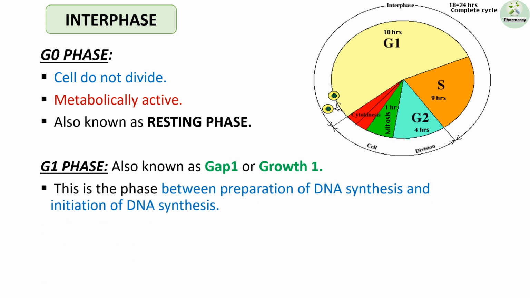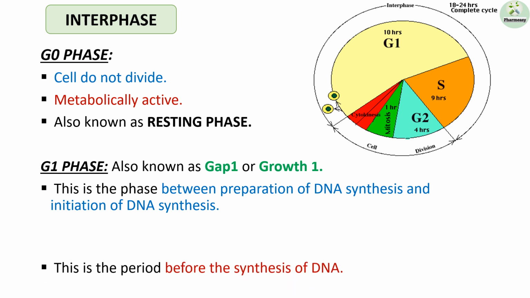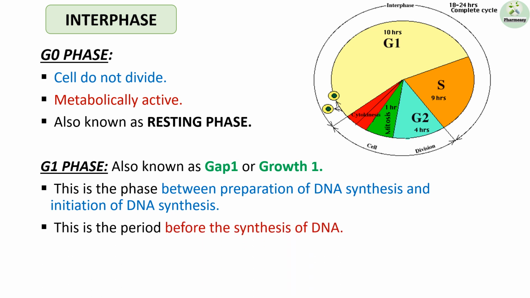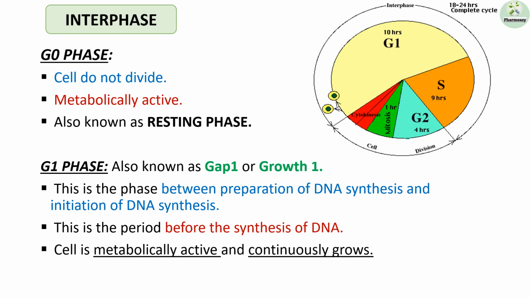This is the phase between preparation of DNA synthesis and initiation of DNA synthesis, means this is the period before the synthesis of DNA. Cell is metabolically active and continuously grows. In this, DNA is not replicated.